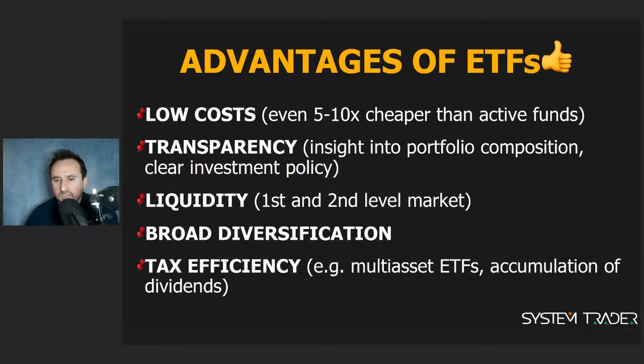Sometimes it's also tax efficient because it can accumulate dividends. Not everywhere, but in Europe, for example, ETFs can be in so-called accumulating mode. That means they are not distributing the dividends, but just reinvesting them within the fund. And in some countries, because of that, you don't have to pay tax on the dividend at that moment.